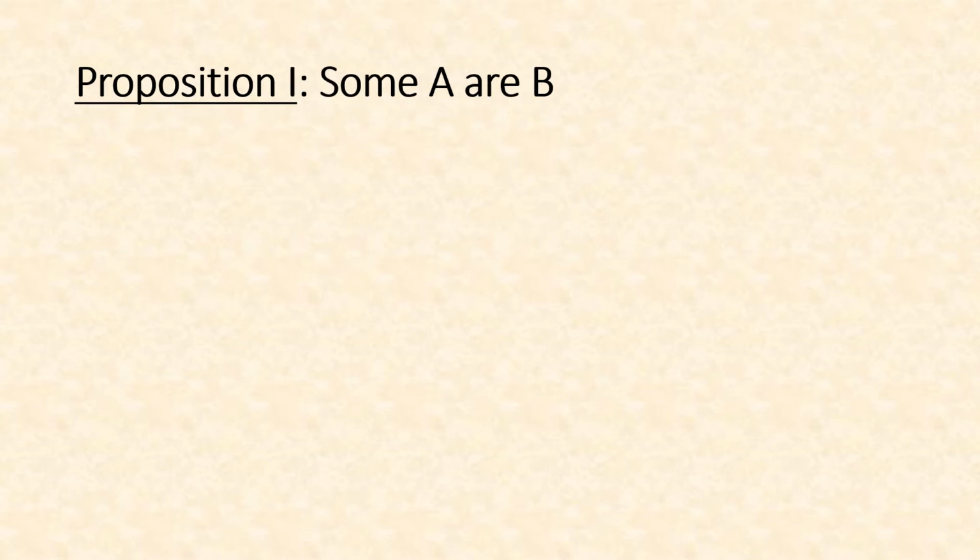The third proposition, which is known as proposition I, says some A are B. That means कुछ A हैं जो B हैं. इसको हम तीन तरीके से रिप्रेजेंट कर सकते हैं. It can be represented in three different ways.